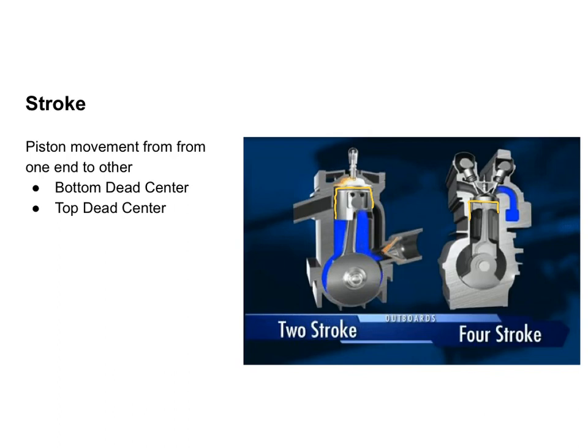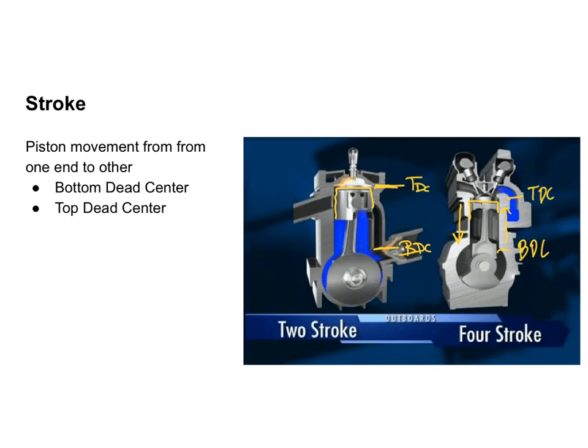The piston moves from top dead center to bottom dead center, and that movement from top to bottom is a stroke, and the movement from bottom to top is another stroke. Here in my four-stroke engine, we have top dead center here and bottom dead center here. Again, the movement of the piston from bottom to top is a stroke, and from top to bottom is a stroke.